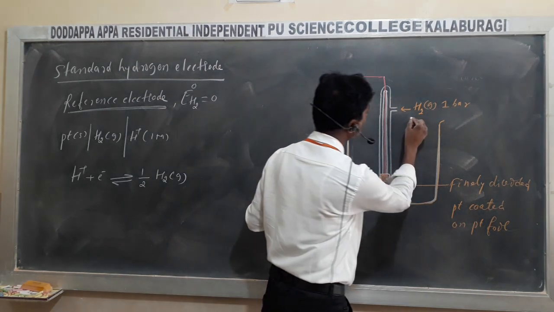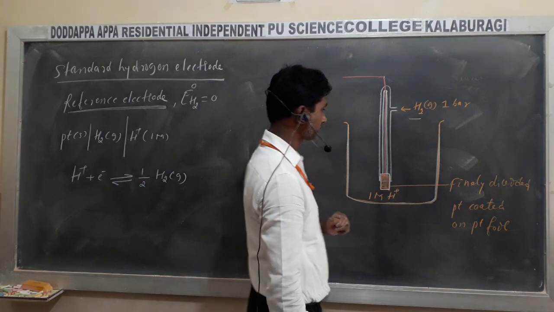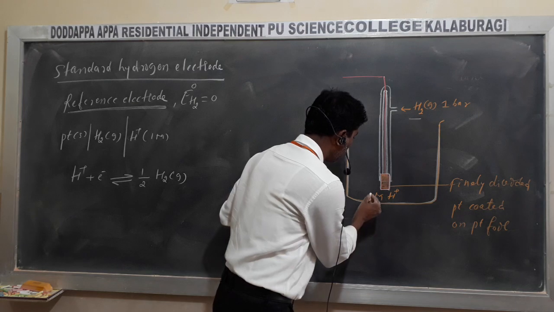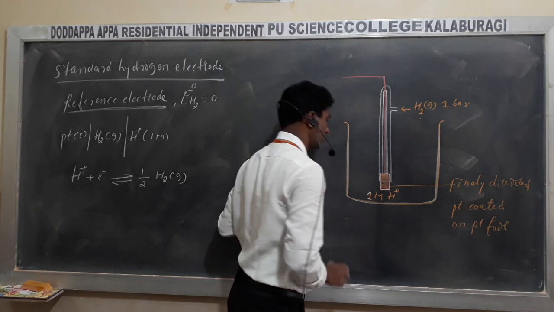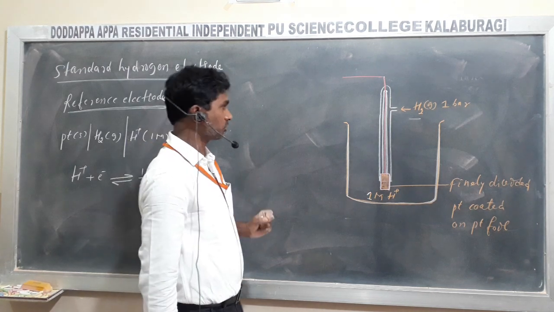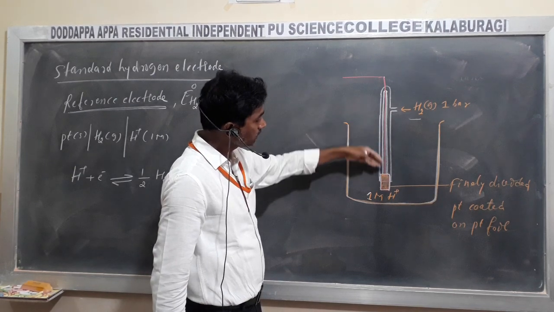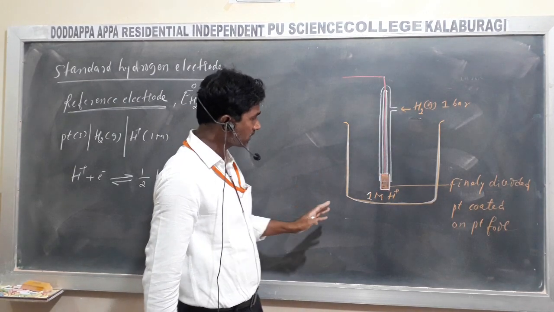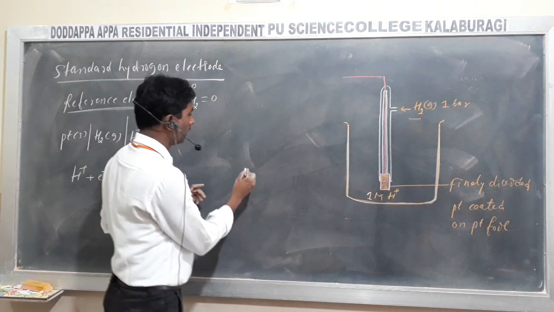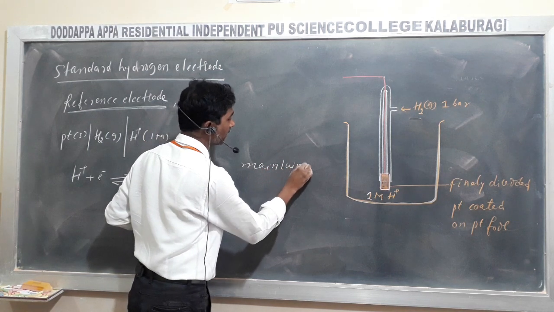Hydrogen gas passes through it at a pressure of 1 bar, and this hydrogen electrode is dipped in a hydrogen ion concentration of 1 molar. So here it develops a potential. This hydrogen electrode is dipped in 1 molar H plus, where both the oxidized and reduced forms are maintained at unity.